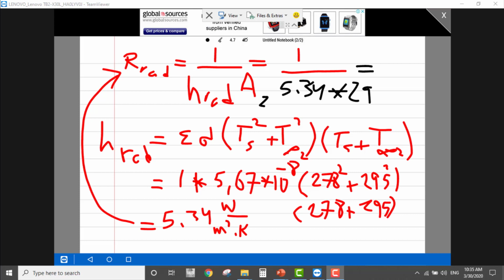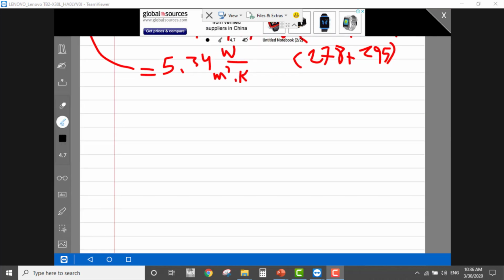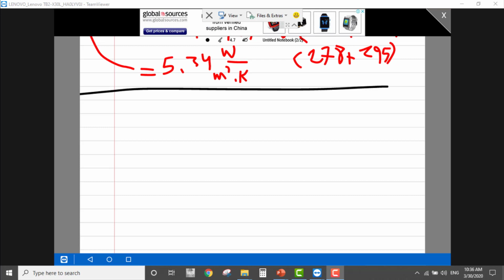So from here, this is equal to 0.00646 Celsius per watt. So it does not matter, as I said, Celsius or Kelvin, because it would cancel out.